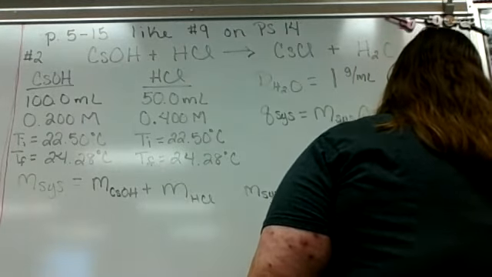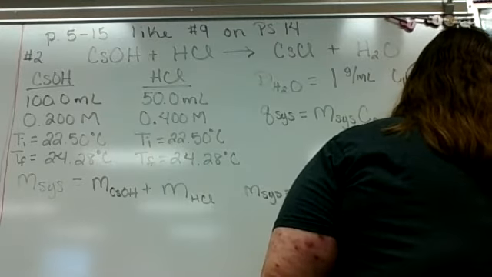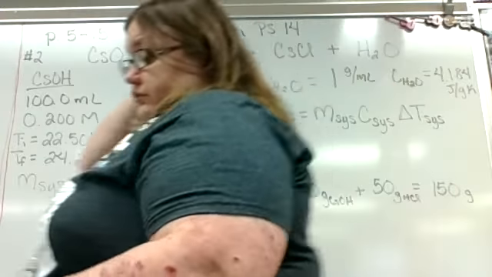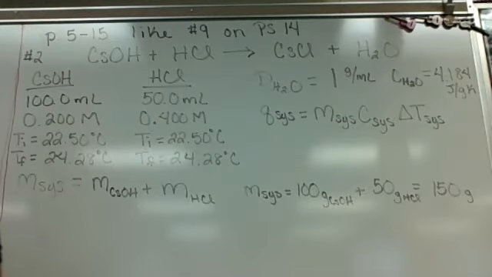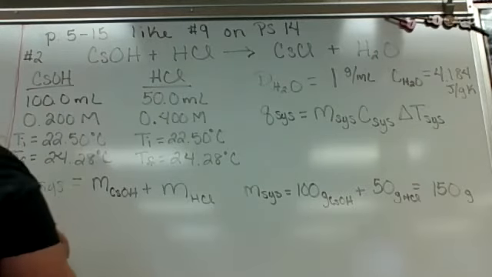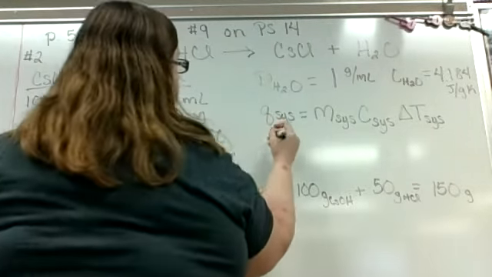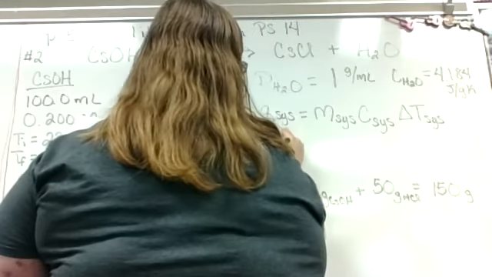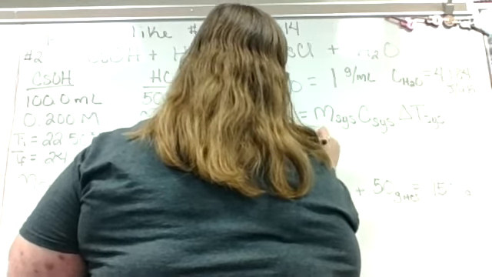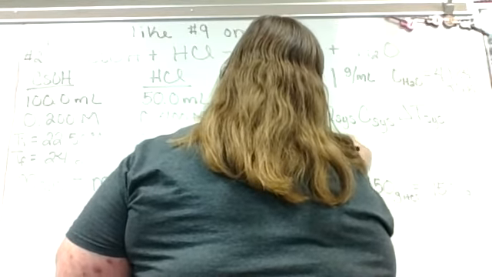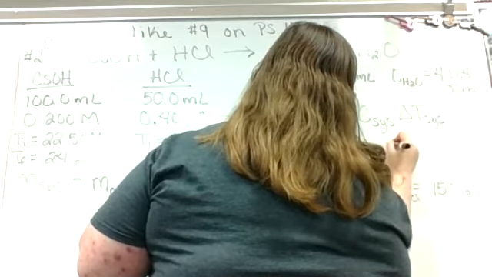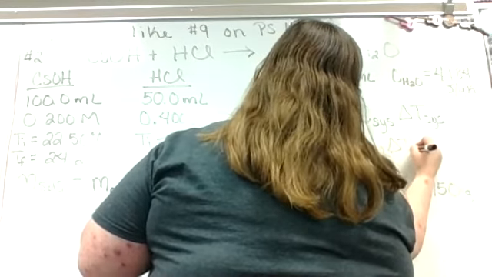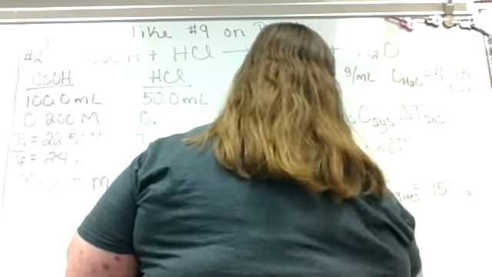So your mass of your system is 150 grams. Like I said, the system is the reaction, so we can say Q of the reaction equals mass of the reaction times the heat capacity of the reaction times delta T of the reaction.